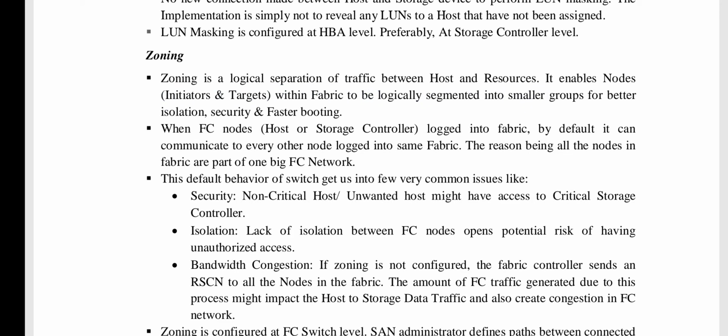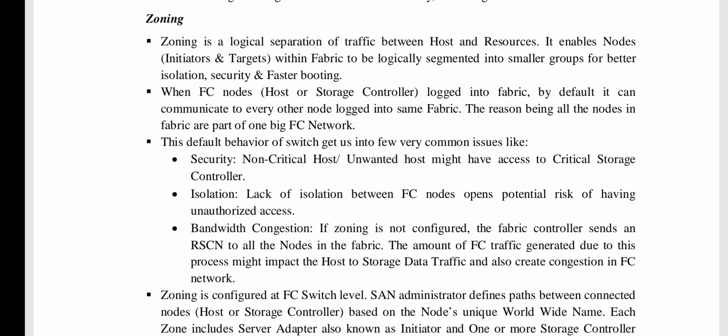It enables nodes, that is initiators or targets within a fabric, to be logically segmented into smaller groups, and that is meant for better security, isolation, etc. So you have different zones, smaller groups within a fabric, and this provides security. When FC nodes are logged into a fabric, by default each can communicate with every other node logged into the same fabric.